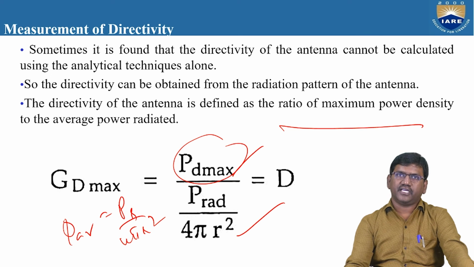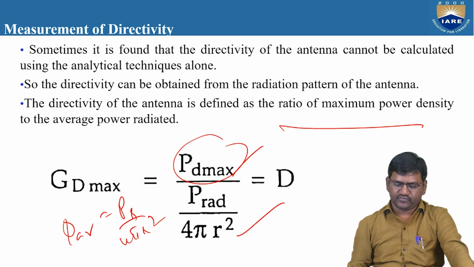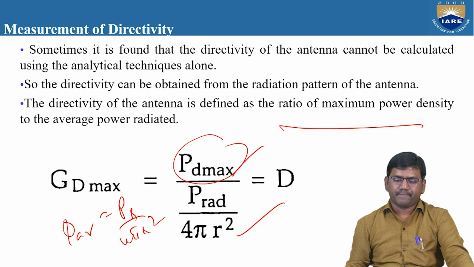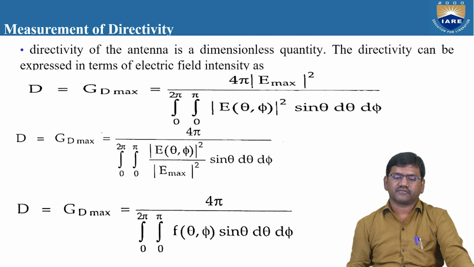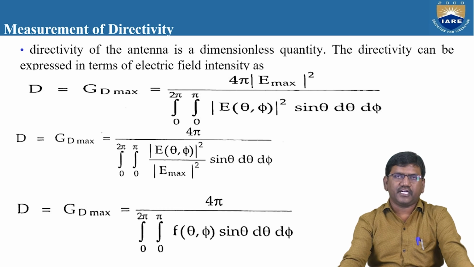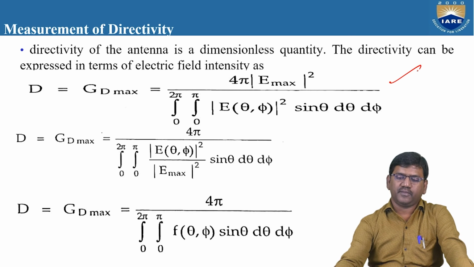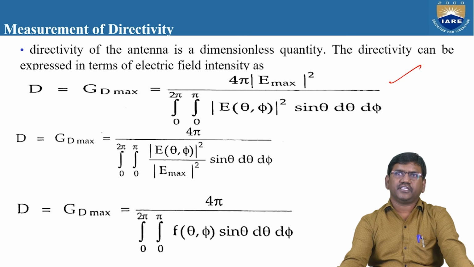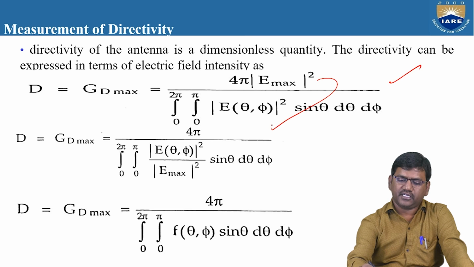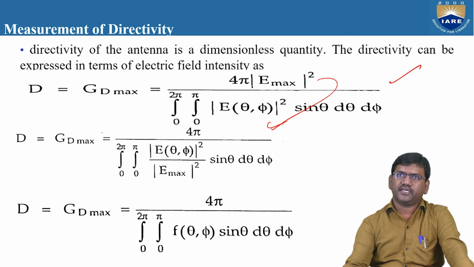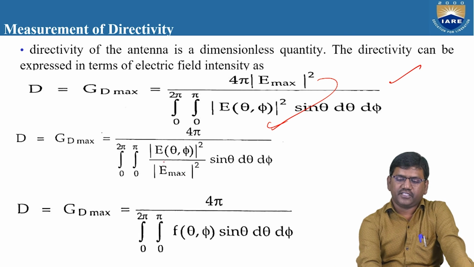From the basic definition of directivity, we can directly calculate it by this formula: PD max by Prad by 4 pi R square. So the directivity of antenna is given by D is equal to GD max. The maximum directive gain is nothing but the directivity. So 4 pi into E max whole square by integration of 0 to 2 pi, integration of 0 to pi, E of theta comma phi whole square into sin theta d theta d phi. Bringing the numerator to the denominator, you get E of theta comma phi whole square by mod E max whole square.